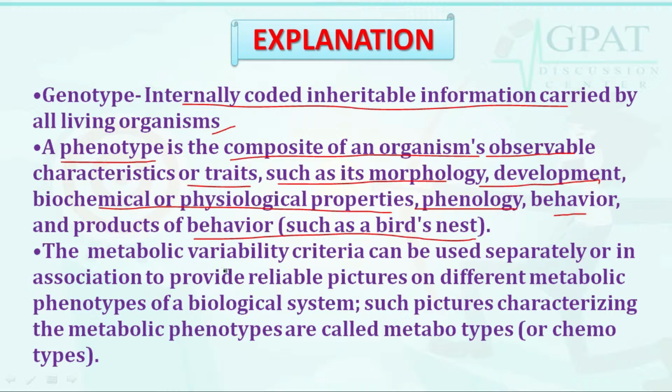Metabolic variability criteria can be used separately or in association to provide reliable pictures of different metabolic phenotypes of a biological system; such pictures characterizing the metabolic phenotypes are called metabotypes or chemotypes. So this is all about genotype, phenotype, and metabolic variability. Students, try to memorize these terms with their specific characteristics and definitions, so it will be more helpful to attempt the questions.